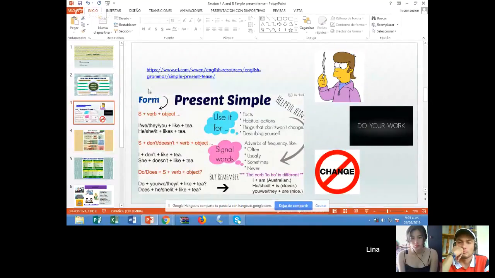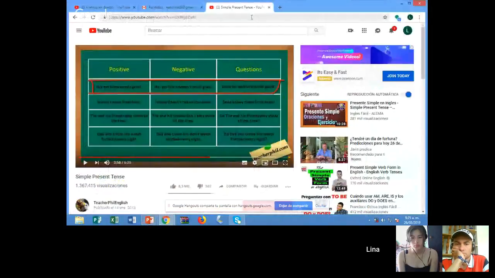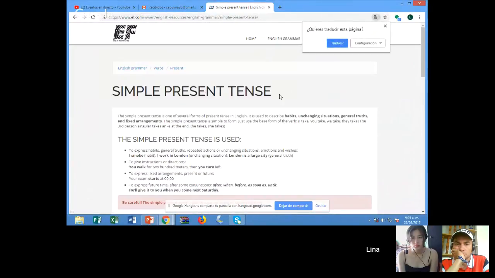Okay. Now I have another resource to show you the simple present tense. The simple present tense is one of several forms of present tense in English.